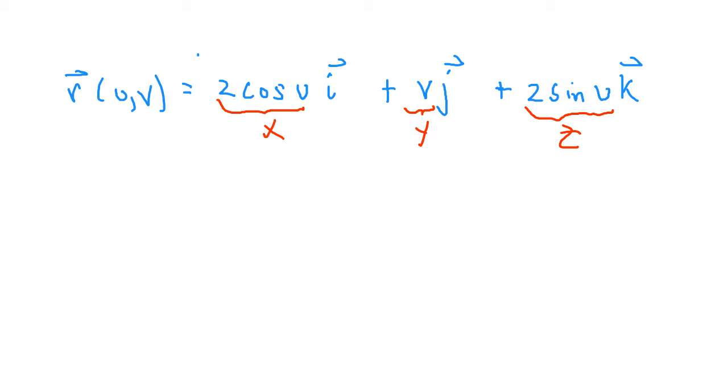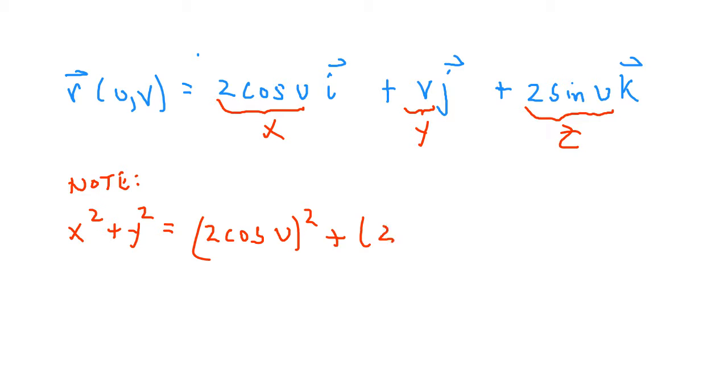Now, let's note something here. If you take x squared plus z squared, you'd have 2 cosine u quantity squared plus 2 sine u quantity squared, which is 4 cosine squared u plus 4 sine squared u.